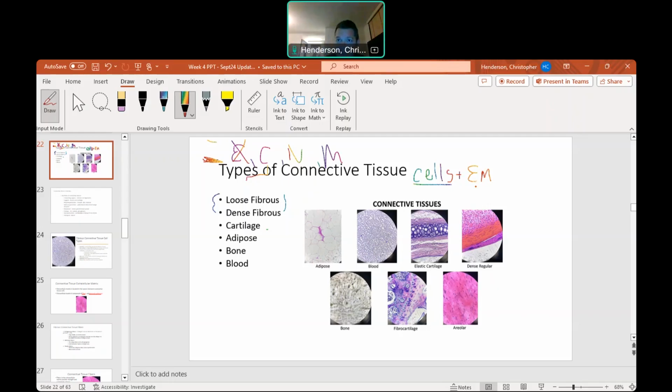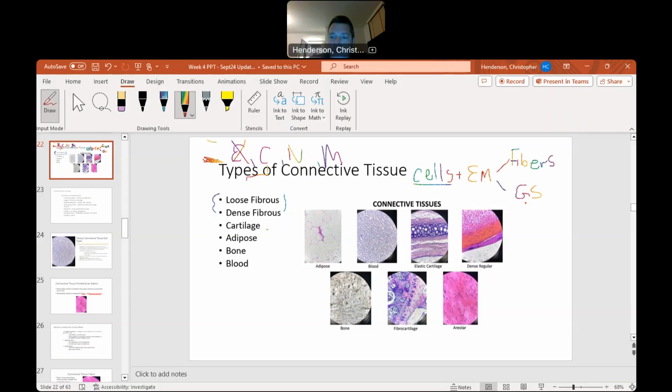Extra means on the outside of the cell, and the matrix is this combination of things. So essentially, you're going to have these cells floating around in this matrix of stuff. Well, what's the matrix made out of? It's going to be made up of fibers and this stuff called ground substance.